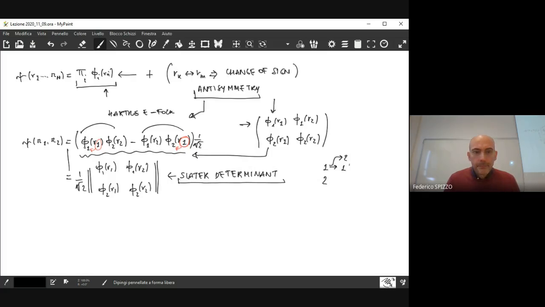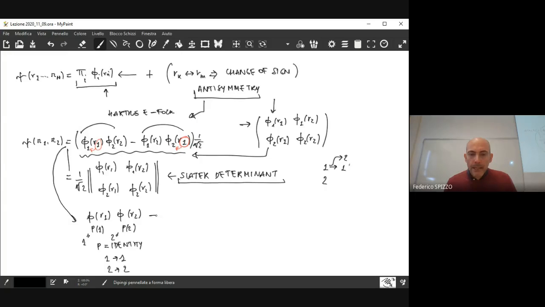So this structure here can be written as wave function of electron 1, P1, wave function of electron 2, P2, and in this case, P is identity. So 1 corresponds to 1, 2 corresponds to 2. So P1 is equal to 1, P2 is equal to 2.